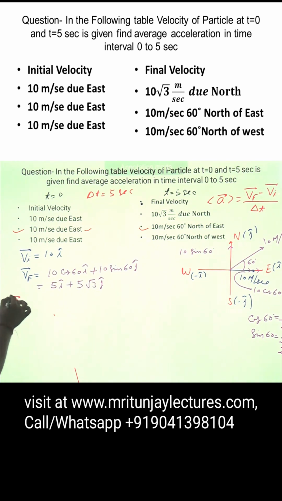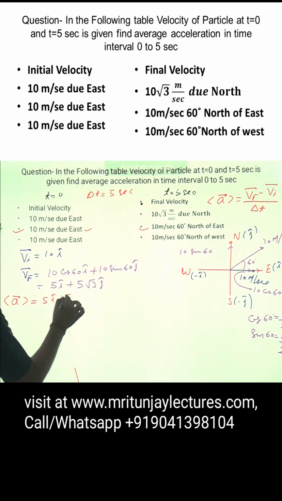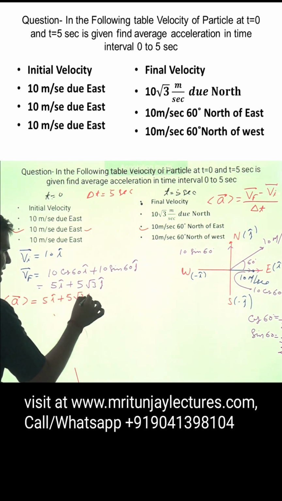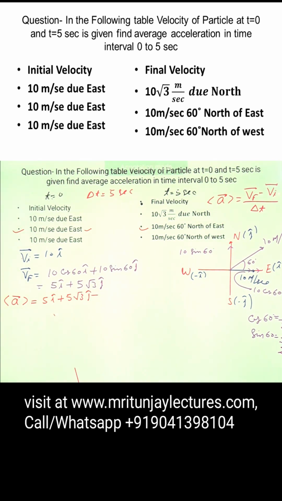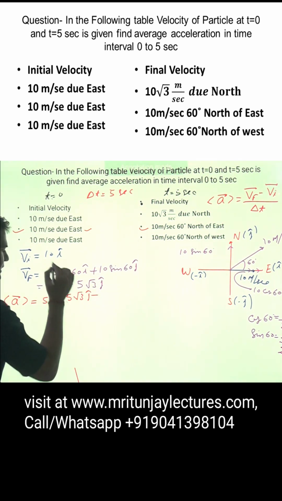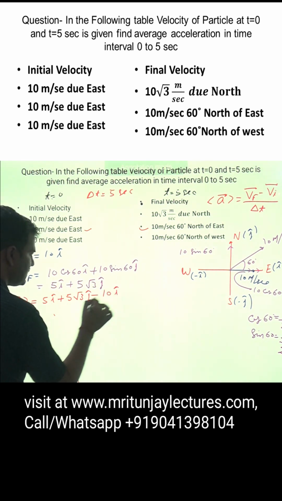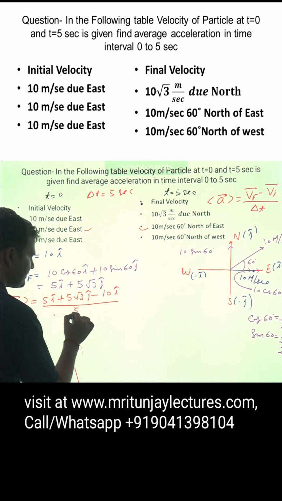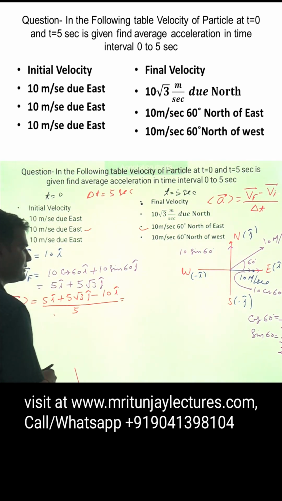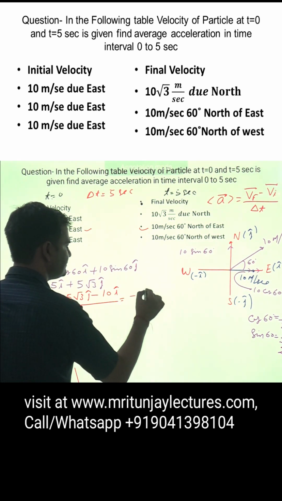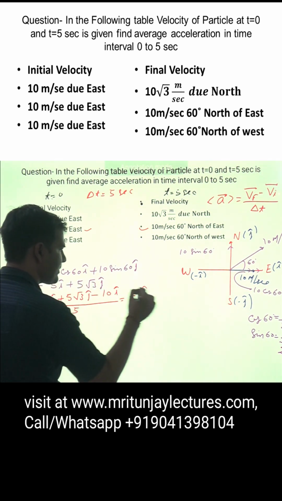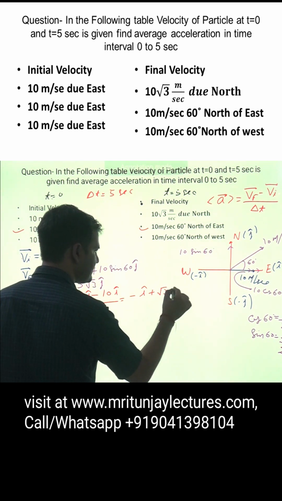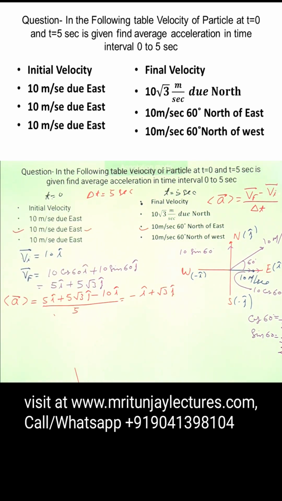So average acceleration is written as final minus initial: 5 i cap plus 5 root 3 j cap minus initial, which is 10 i cap, divided by 5. So it is written finally as minus i cap plus root 3 j cap. Clear or not? Very simple.